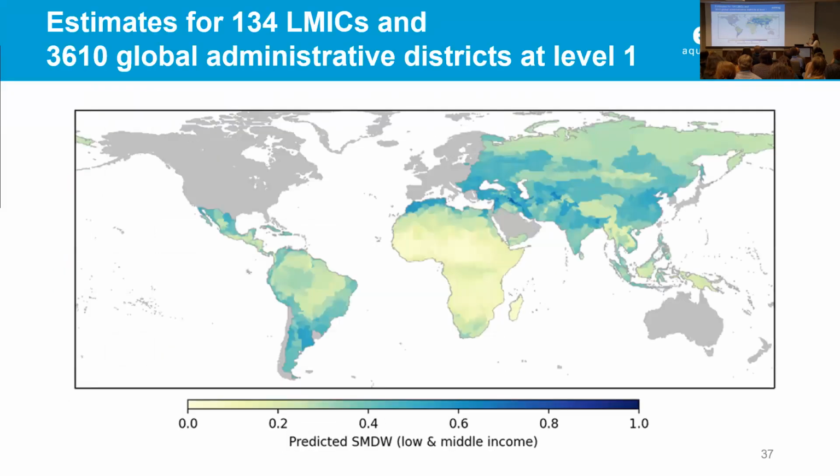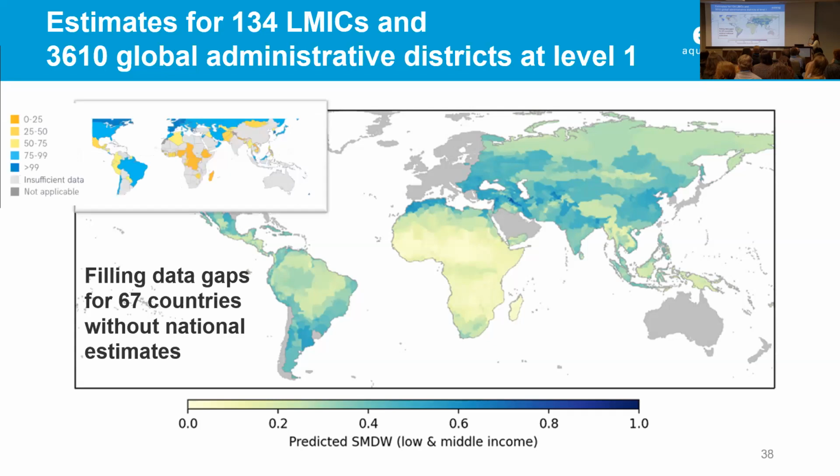And so here, maybe we can remember, we have our first map, and here we fill data gaps for 67 low middle income countries. And what is also useful with these models, which we're demonstrating, is that we can predict at a lower resolution.